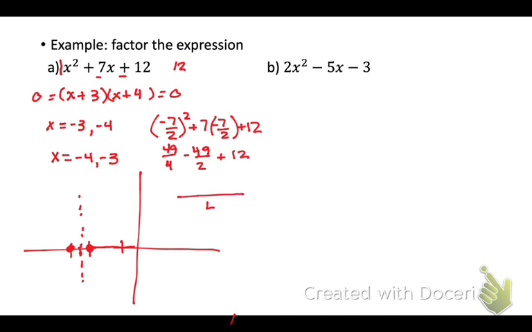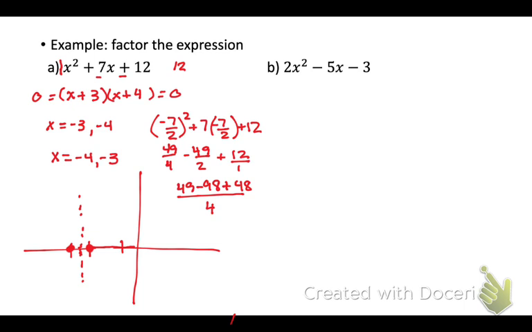4. So 49 minus 98 plus 48. That's 4 times 12, because 12 has to be over 4 also. So 4 times 12 is 48.